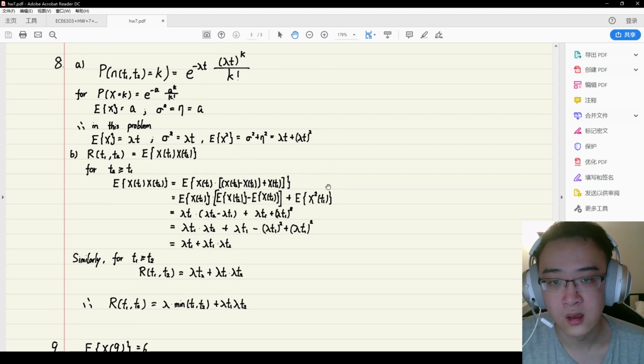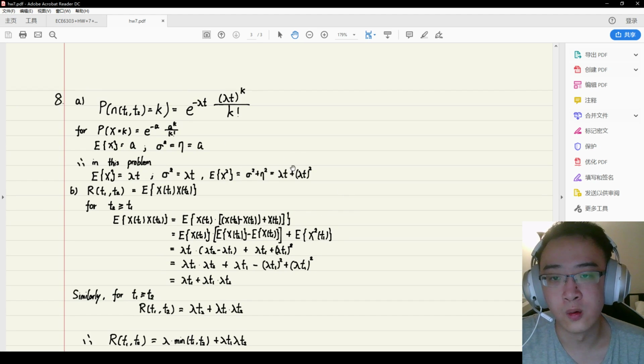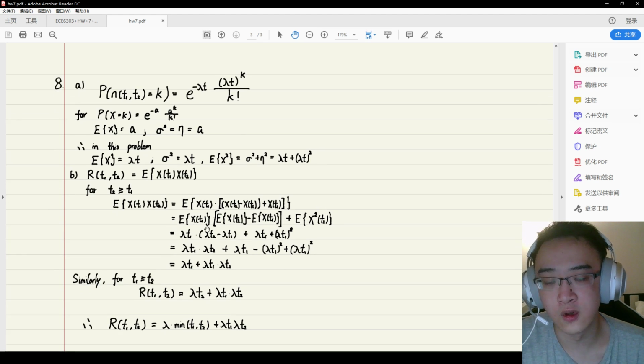So we got the expected value of X(t2) minus the expected value of X(t1), times the expected value of X(t1), plus the expected value of X(t1) times X(t1), which is X squared of t1. For the X squared part, it should be lambda t1 plus lambda t1 squared, as we discussed in question A. The expected value of X(t1) is lambda t1, and that of X(t2) is lambda t2.